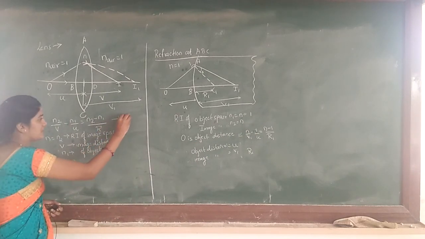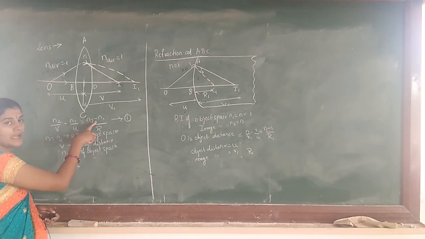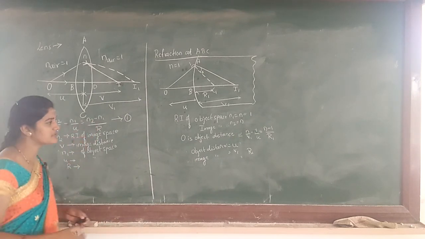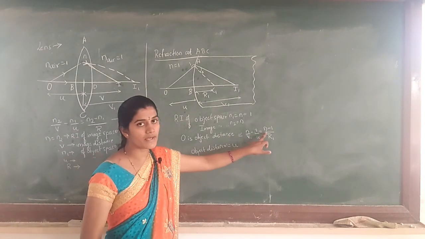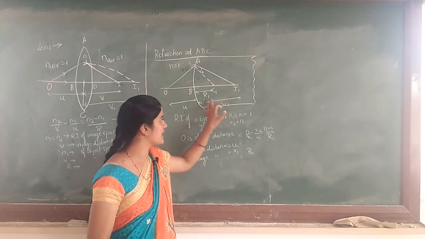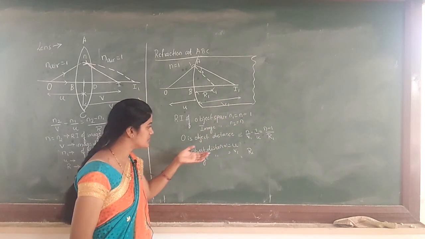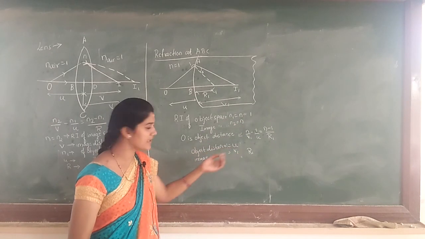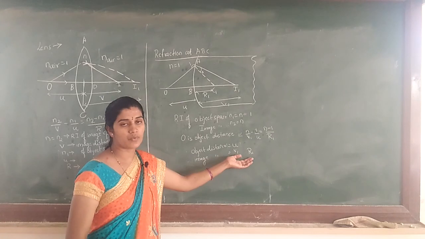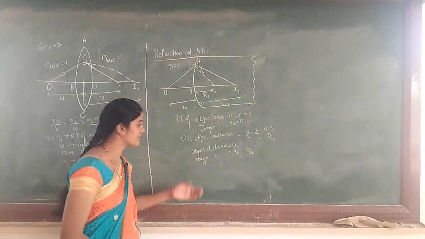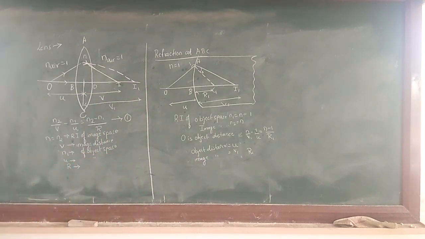In this equation we are considering n2 by v minus n1 by u is equal to n2 minus n1 by R. Just put the values: n by v1 minus 1 by u is equal to n minus 1 by R1. Therefore the object distance is u, the image distance is v1, and R1 is the radius of curvature. This is just about the refraction at the surface ABC.